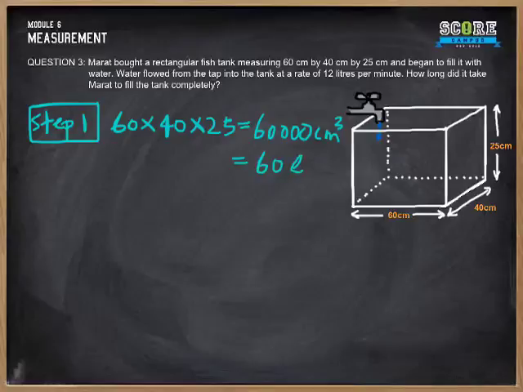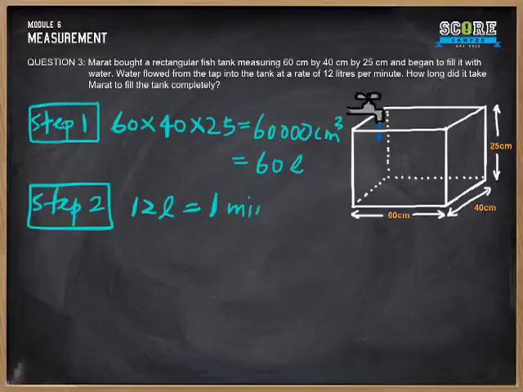Now, let's see how long it took Marat to fill the tank. Step 2. Based on the information given, 12 liters equals 1 minute. It took him 1 minute to fill 12 liters. If 12 liters is 1 minute, 1 liter is going to be 1 over 12 minutes.